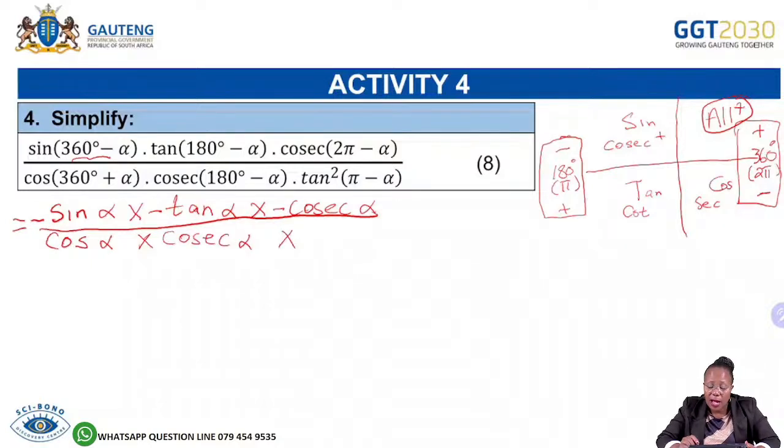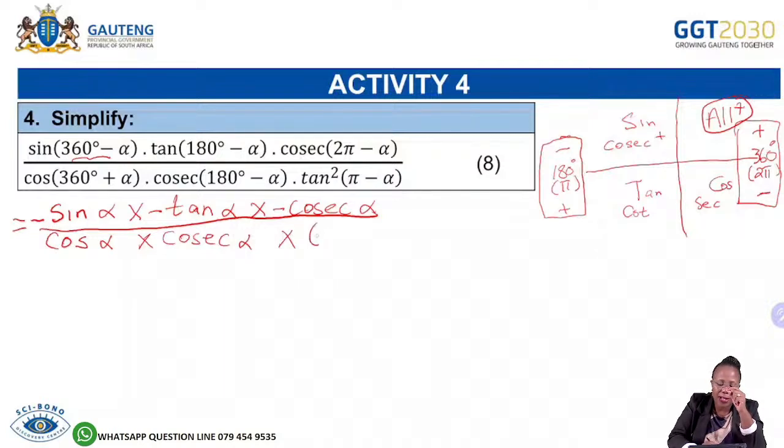Multiply by the radian minus alpha, sorry. Radian minus alpha is quadrant 2. And if you look at quadrant 2, tangent is negative in there. Now, grade 12, with this one, you must be very careful. The tangent is negative and the tangent is squared. Do not write positive tangent, because tangent in quadrant 2 is negative.